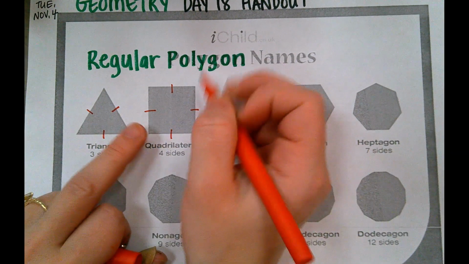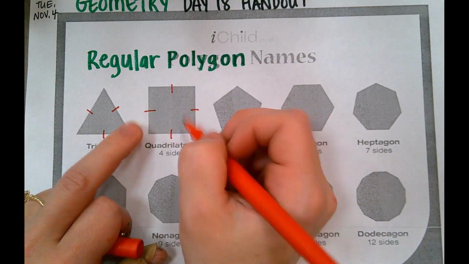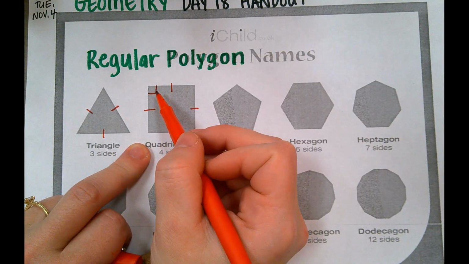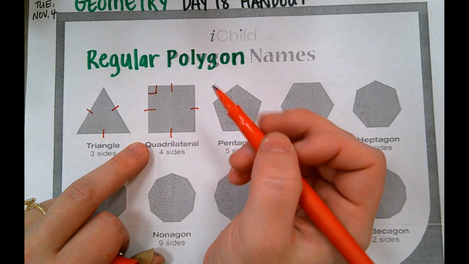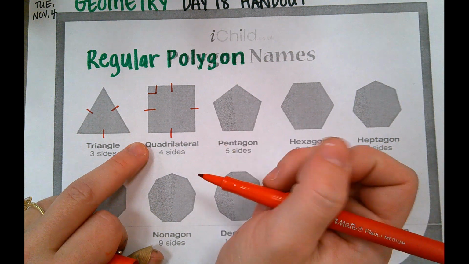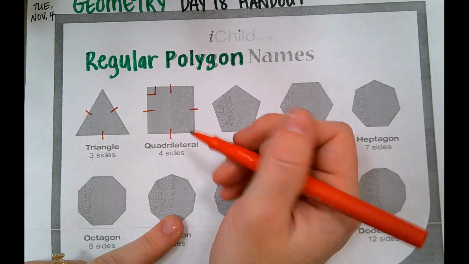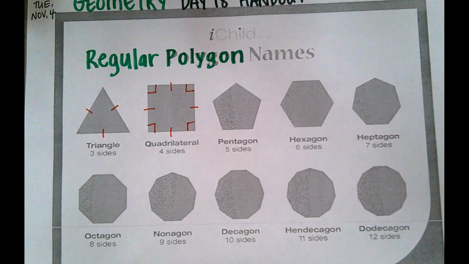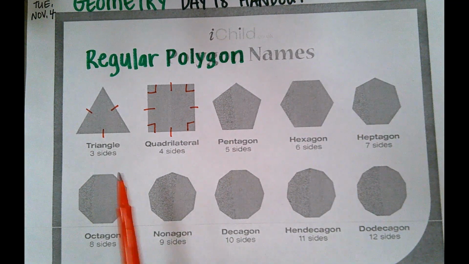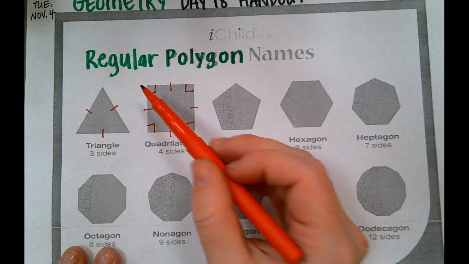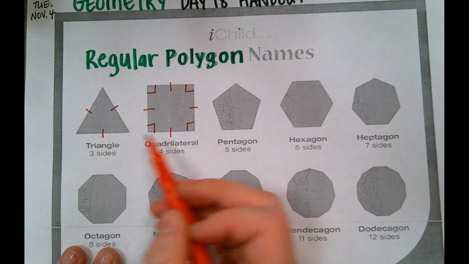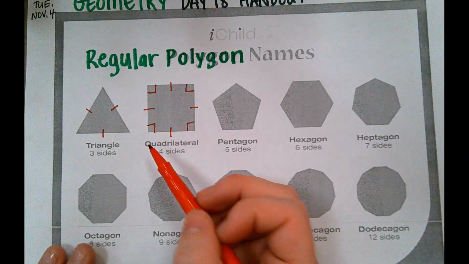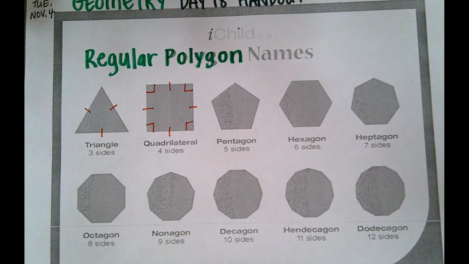The other thing about quadrilaterals specifically: if one angle is 90 degrees and all the sides are the same, all the other angles should be 90 degrees as well. This is just like a parallelogram, where our opposite angles are equal and our consecutive angles, 90 and 90, make 180, don't they? So 180 degrees, just like a parallelogram.